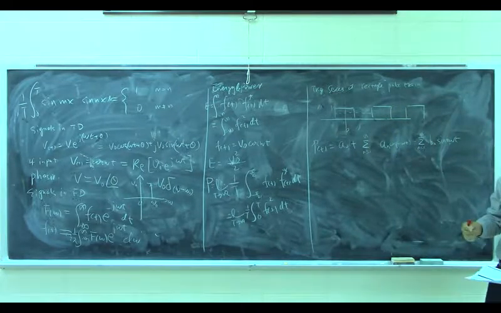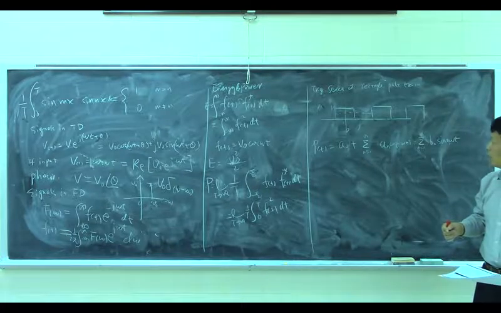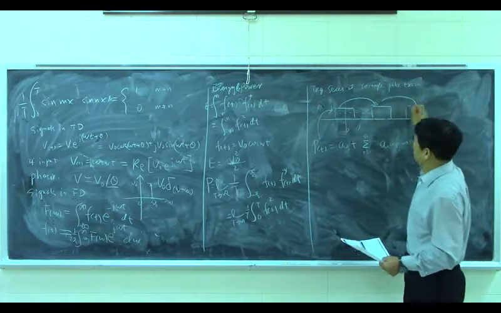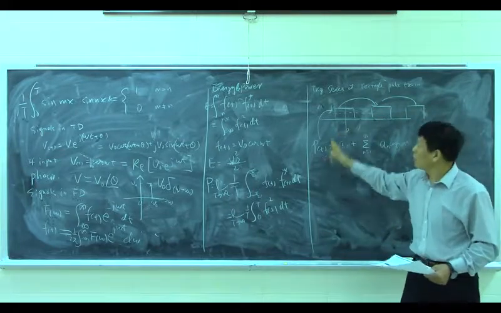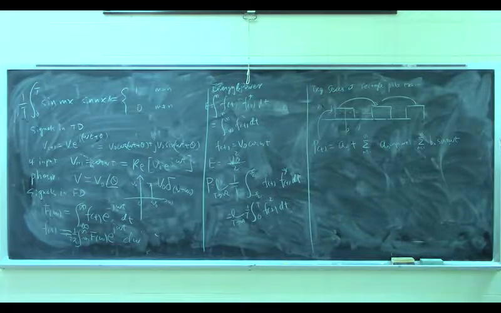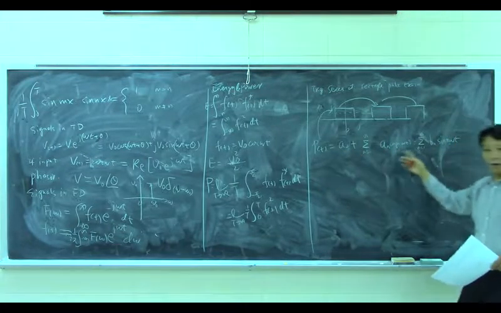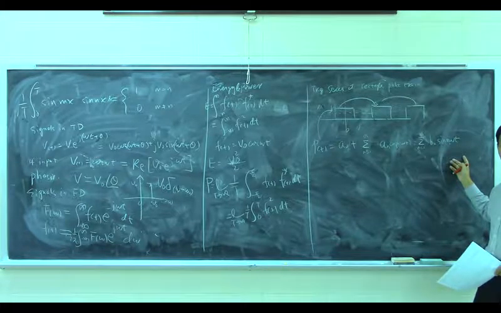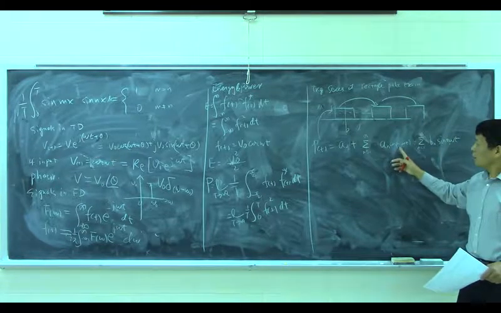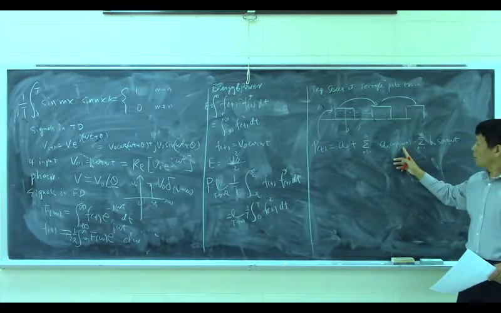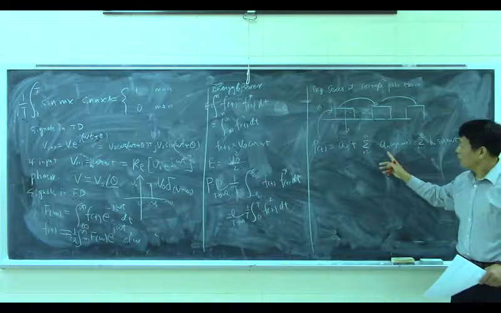So p(t) is equal to a0 plus the summation of a_n cosine n omega t, plus the summation of b_n sine n omega t. This is the pulse train in the time domain.